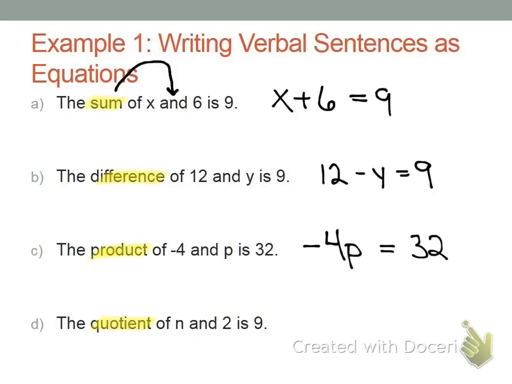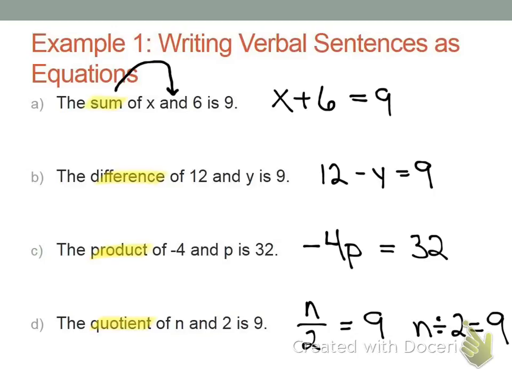How would I write that equation? Jared? N divided by 2 is 9. Very good. N divided by 2 equals 9. Or I could say N with a division sign divided by 2 equals 9. Either way would be fine, as a fraction or just with a division symbol.